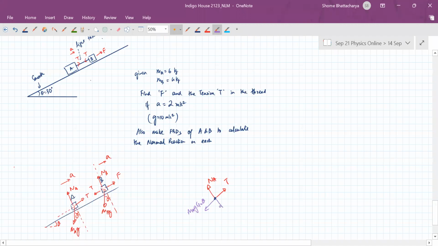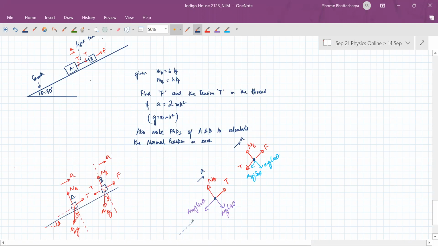Mg sine theta, similarly for block B, these will be the force diagram.